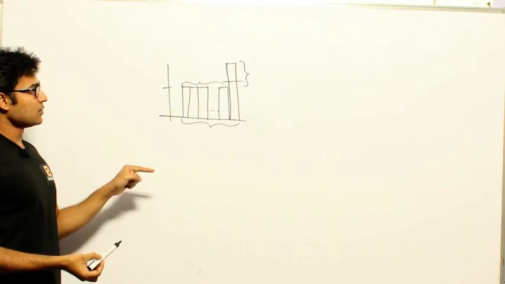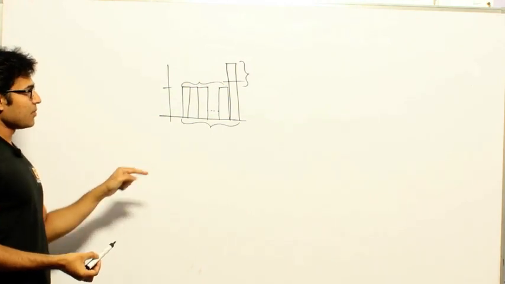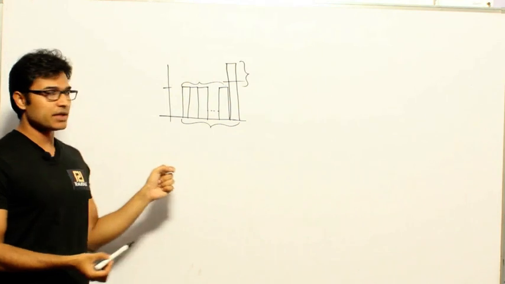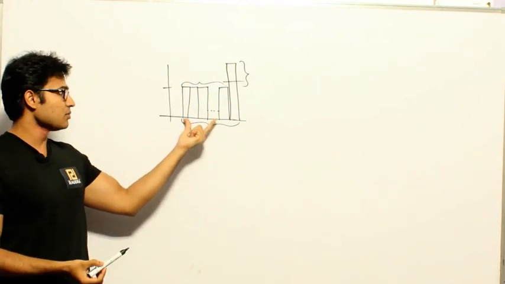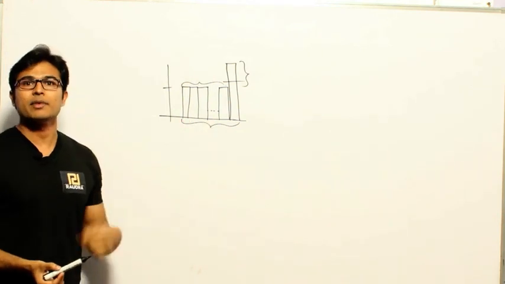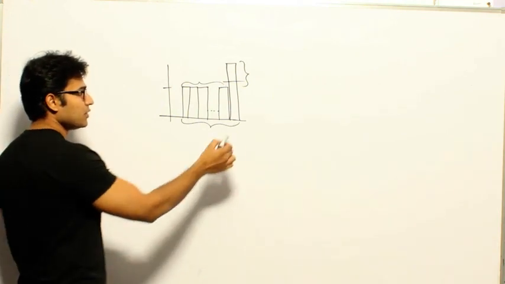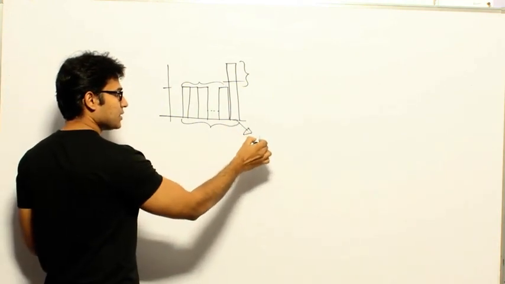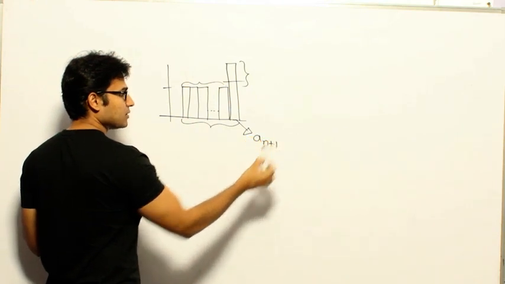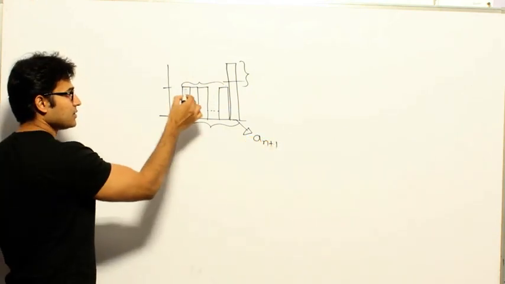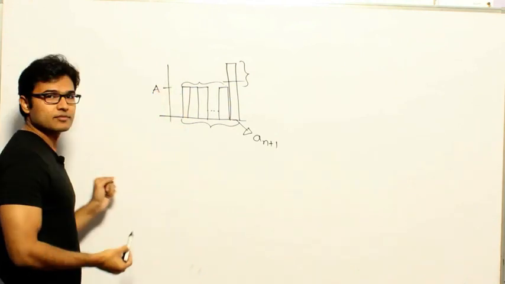Therefore, adding a member to a group whose value is greater than the average of the existing group will always pull up the average. By how much? That depends on the newly added value. Let us say the newly added value is a n plus 1 and the existing average is, let's say, capital A, right?